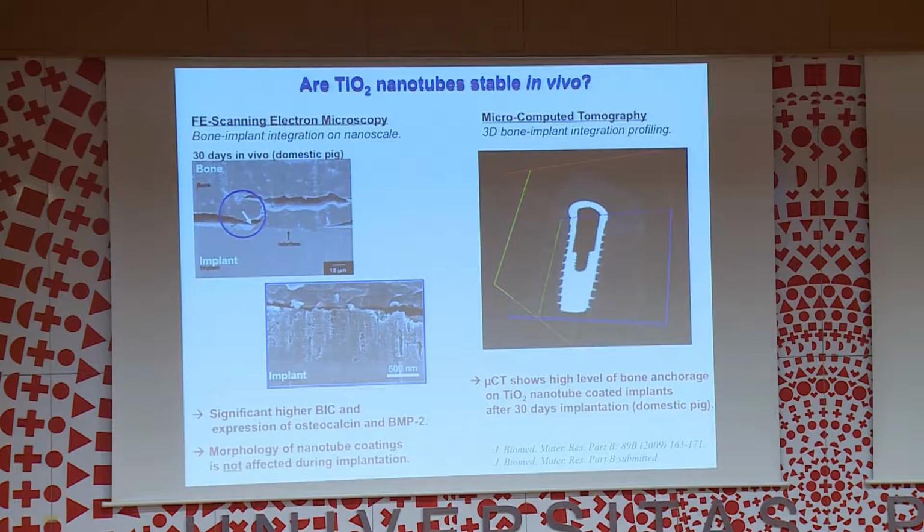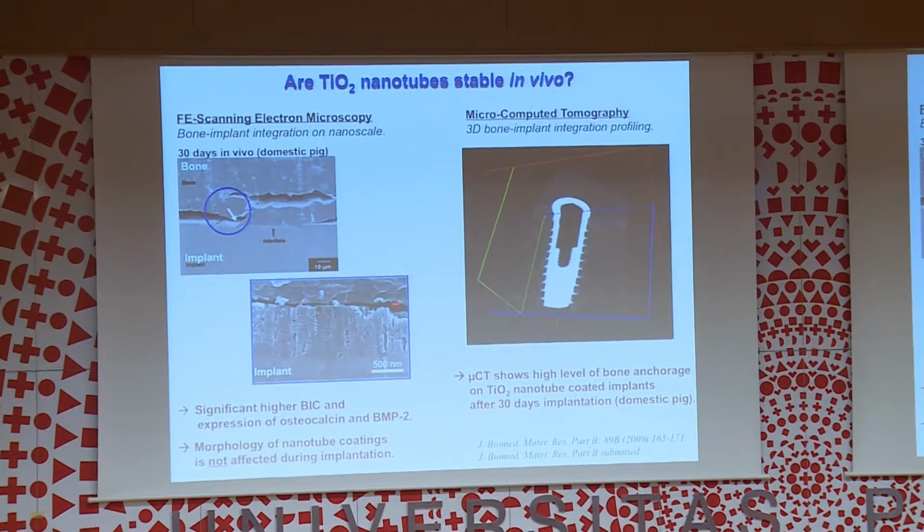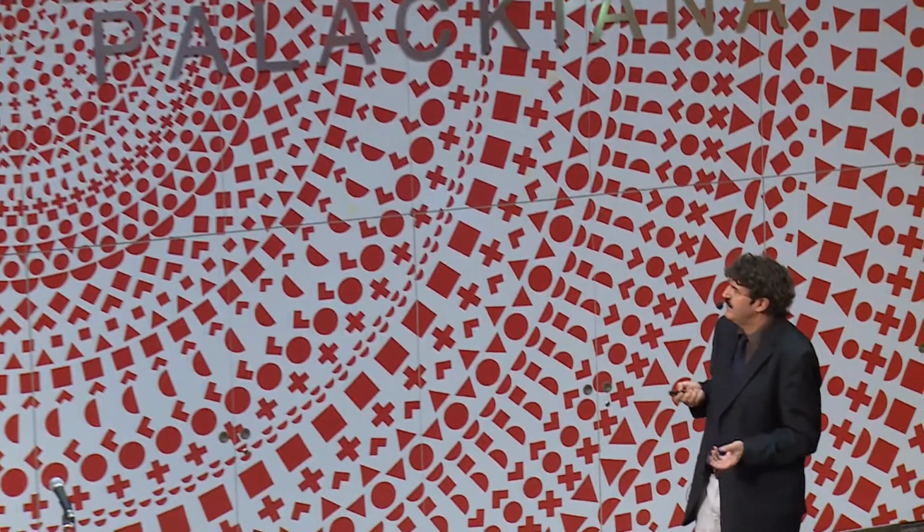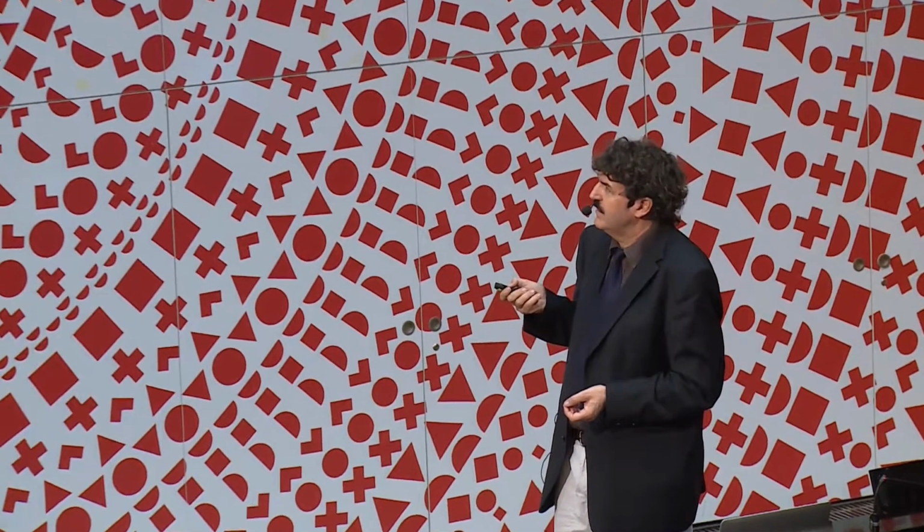This is what the dentists like. Dentists like it when they put the screws into the jawbone or something like this. They measure the area that is in contact with the jawbone compared with the area that is not in contact. And for the tube coated surface, one found indeed a much higher contact area.